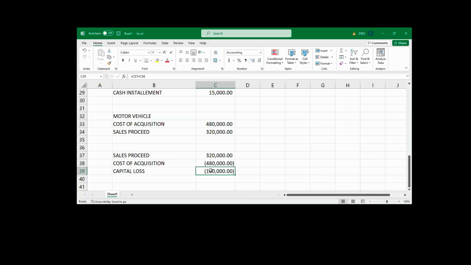According to Finance Act 2023, when the company makes a capital loss on disposal of an asset, that capital loss can be carried forward for a maximum of 5 years.